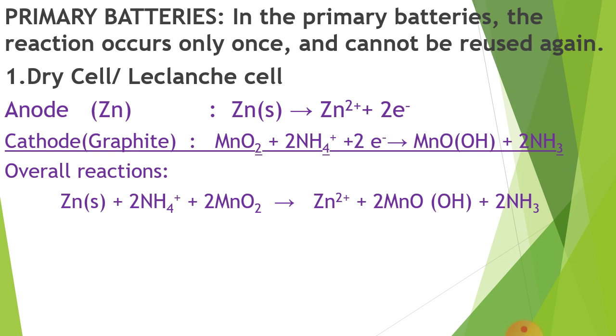So at anode, Zn converts into Zn2+ plus 2 electrons, and at cathode MnO2 plus NH4+ plus electron changes into MnOOH plus NH3. Now the net reaction, that is overall reaction, Zn plus 2 NH4+ plus 2 MnO2 gives Zn2+ plus 2 MnOOH plus 2 NH3. Here ammonia gas is liberated.